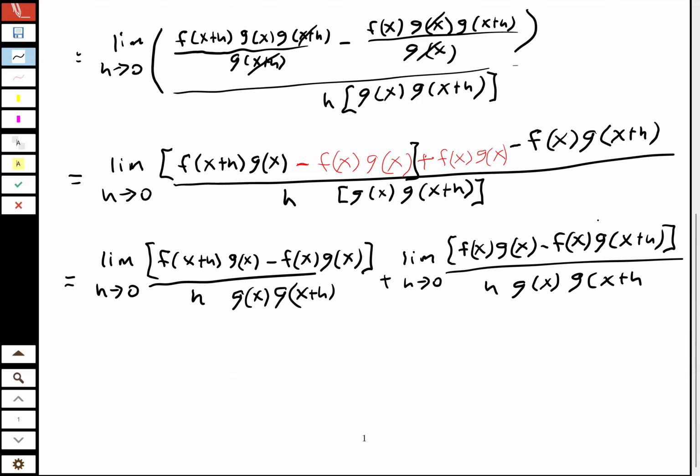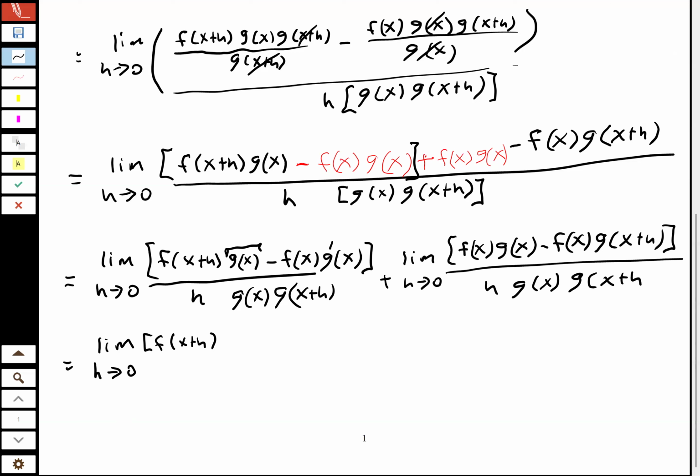I like that this has this g of x plus h, but I really wish that it would lead with that in the same way that this other one led with f of x plus h. So in this next step, what I'm going to do is just switch some things around, but be really careful with my signs. Okay, and let's factor as we go too.